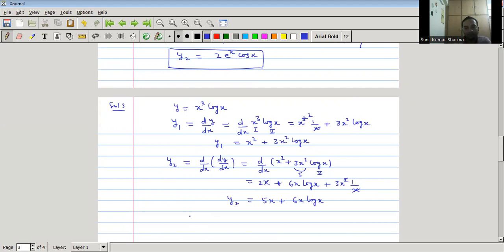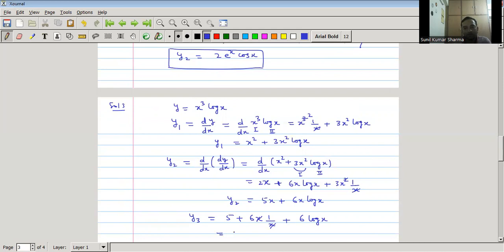Now y3. For y3, again differentiate this with respect to x. We get derivative of 5x is 5, plus 6x times derivative of log x, which is 1 upon x, plus 6 log x. x and x cancel out.